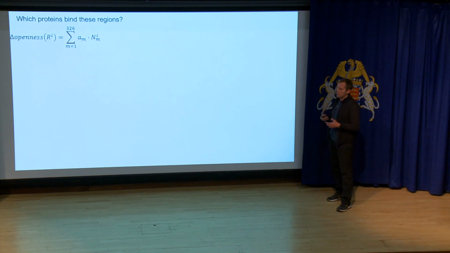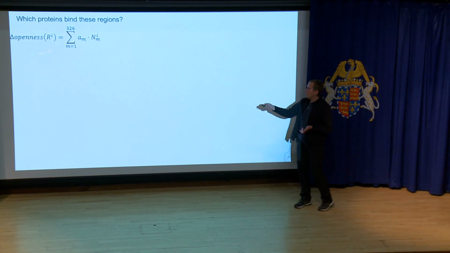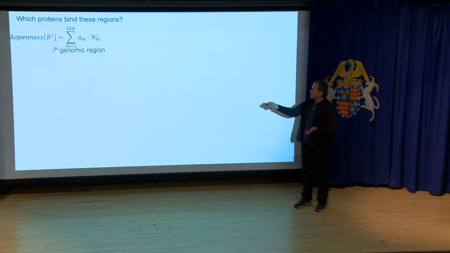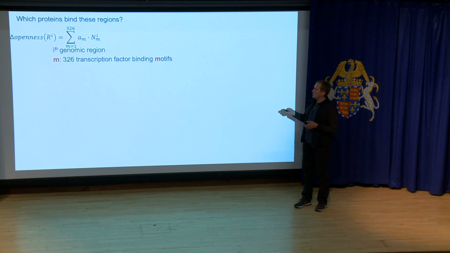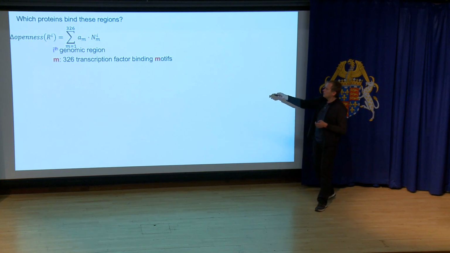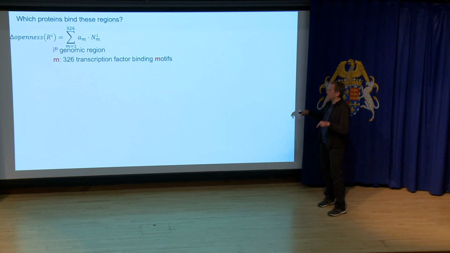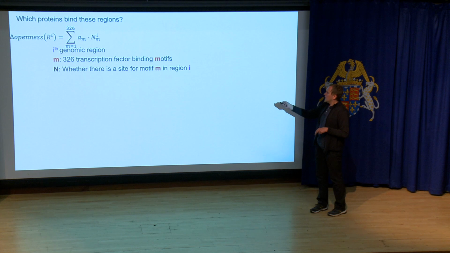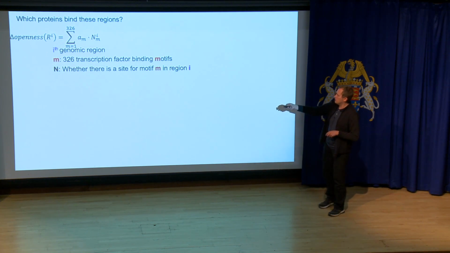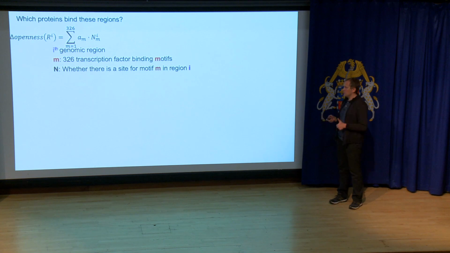I proposed a very simple model where the openness of a genomic region can be modeled as a sum of more than 300 transcription factor binding motifs, so the DNA sequences, times the function which is 1 if there is a site for a given motif, or 0 if there isn't.